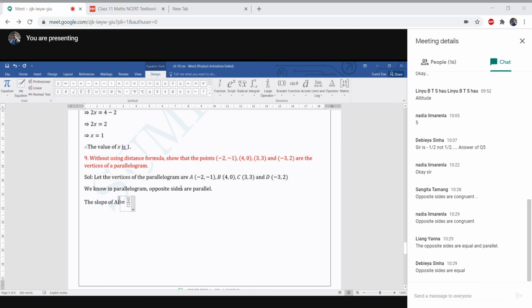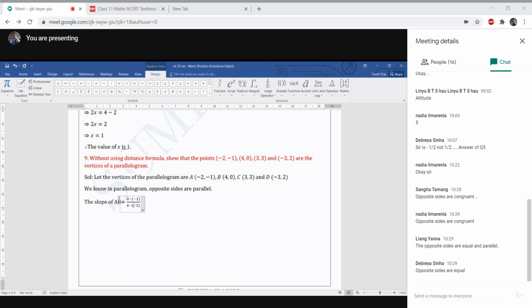So the AB slope is 0 minus, in brackets, minus 2... sorry, y2 minus y1, so it is minus 1. 0 minus minus 1 divided by 4 minus minus 2.